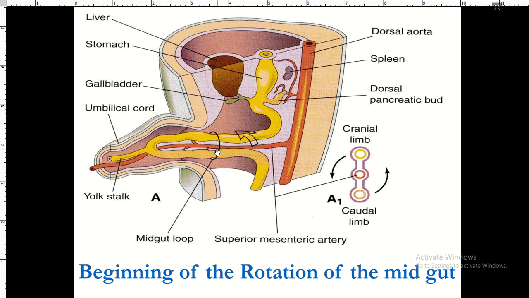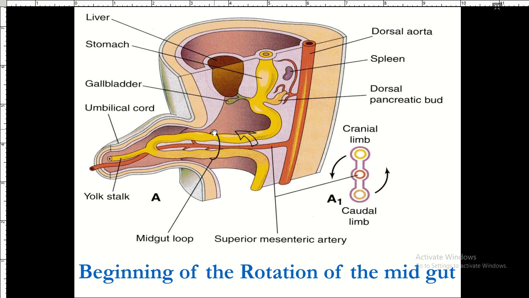I'll talk about it later. Therefore, the total rotation of the intestinal loop is going to be 270 degrees counterclockwise, in physiological herniation plus in retraction.